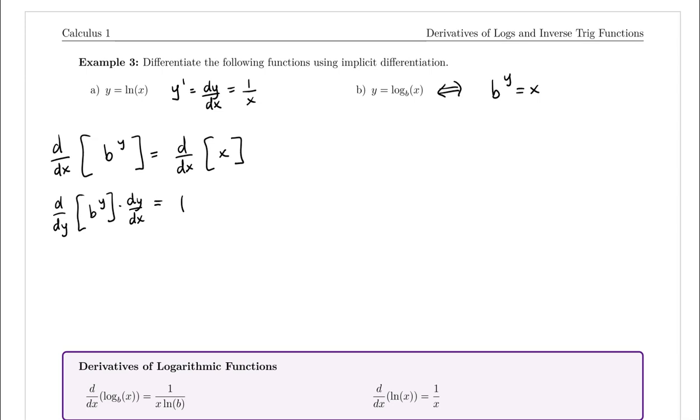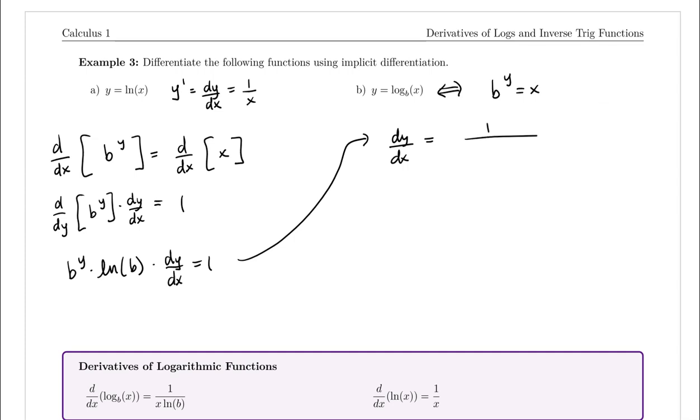And remember, the derivative of b to the power of y is going to equal b to the power of y times the natural log of b, and then we still have dy dx is equal to 1. From here, if I isolate dy dx, we get dy dx is equal to 1 over b to the power of y times the natural log of b.